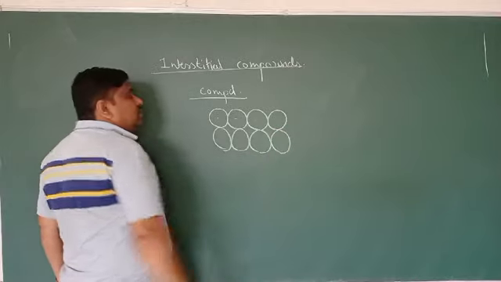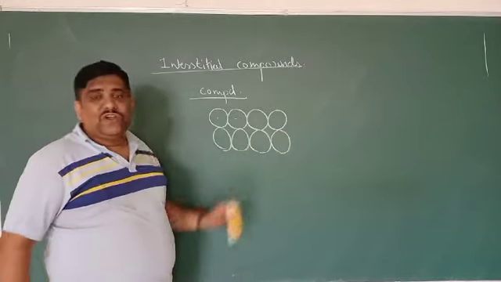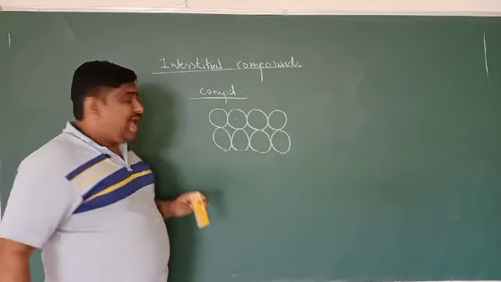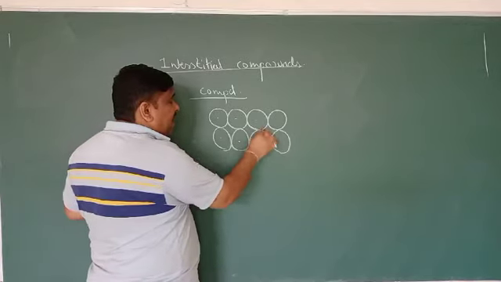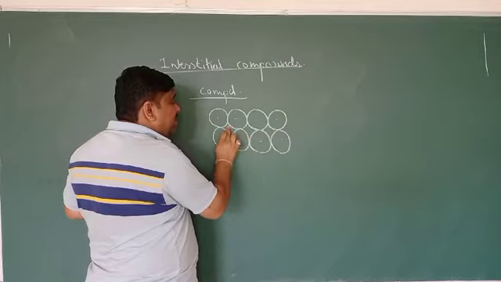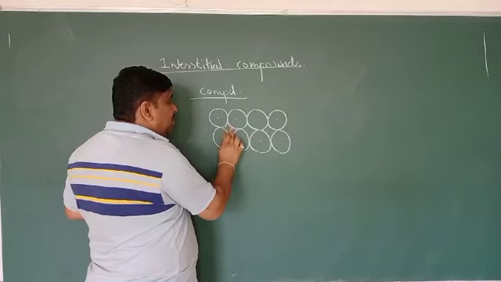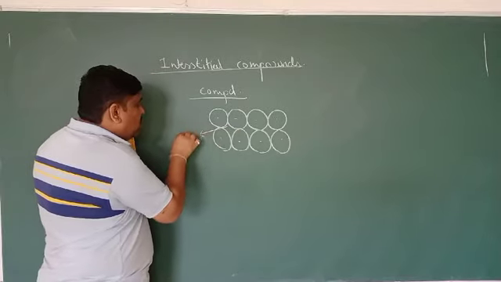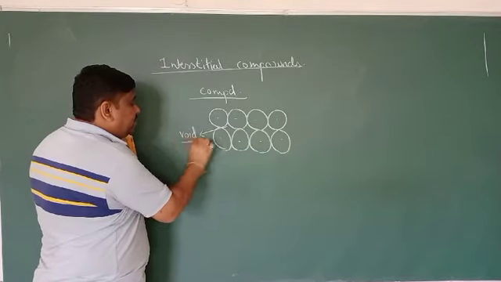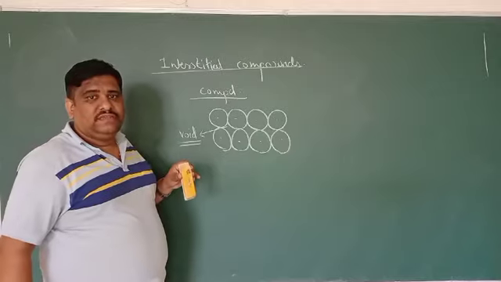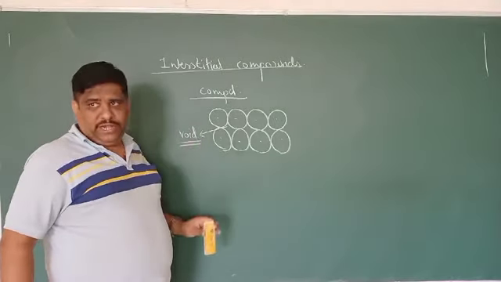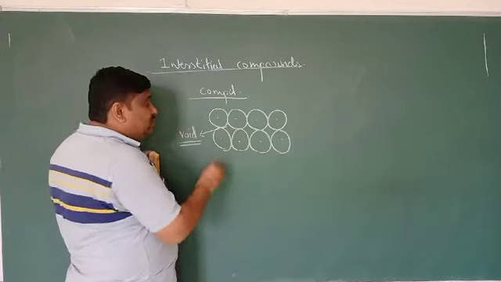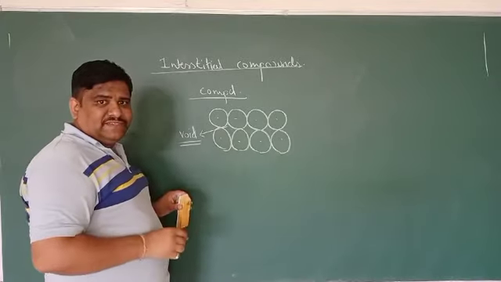Likewise, you have an arrangement of atoms, and in this arrangement there is a gap between the atoms, and this gap is called a void. And in this void, the smaller atomic size atoms go.